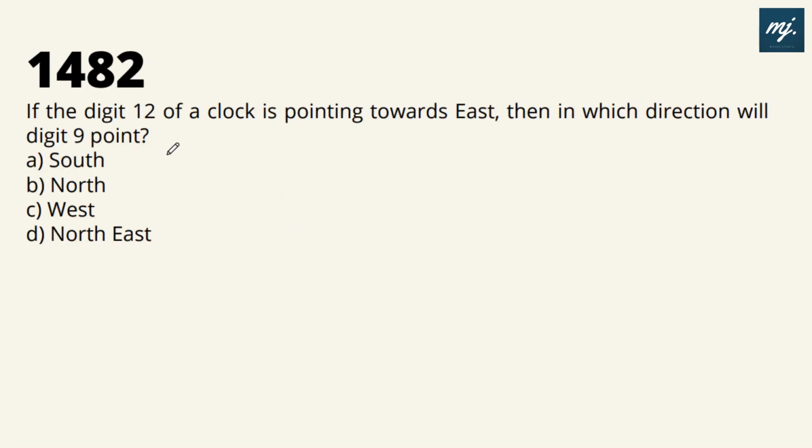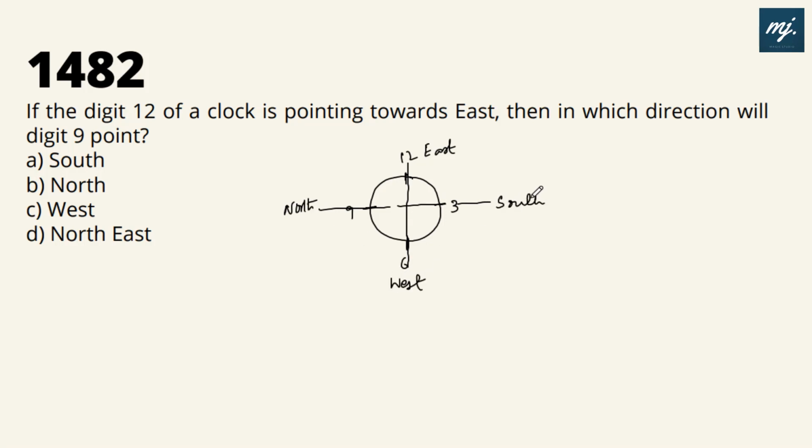Now, if the digit 12 of a clock is pointing towards east, we know this is 12, 6, 9, 3, and this is east. If this is east, then obviously this should be north, this is west, and 3 o'clock should be towards south.